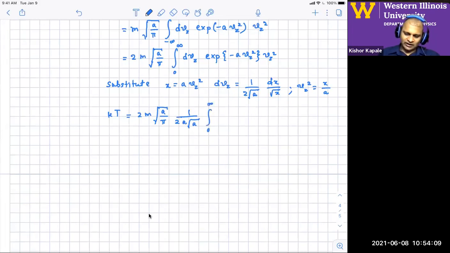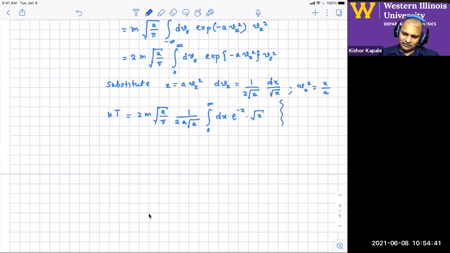Because of the change of variable, now it's a dx integral of e to the minus x. Hold on just a second. Oh, but there is also a square root of x coming from there. So dx, you're left with square root of x. Right.